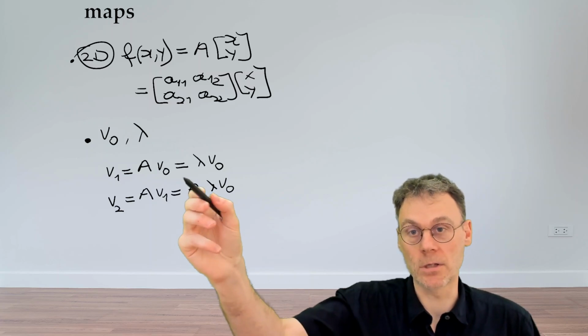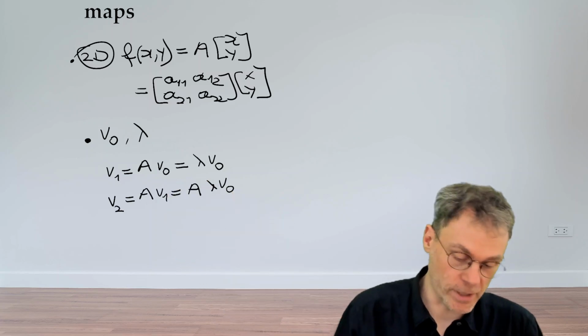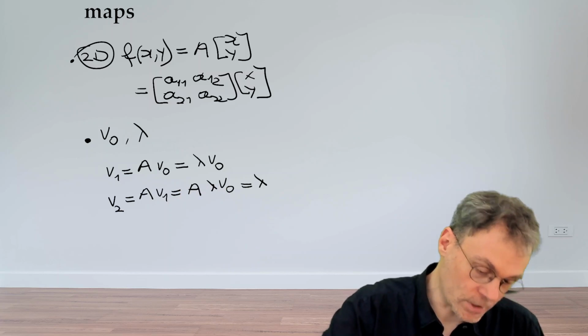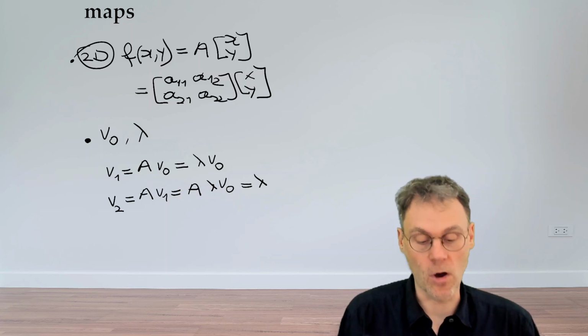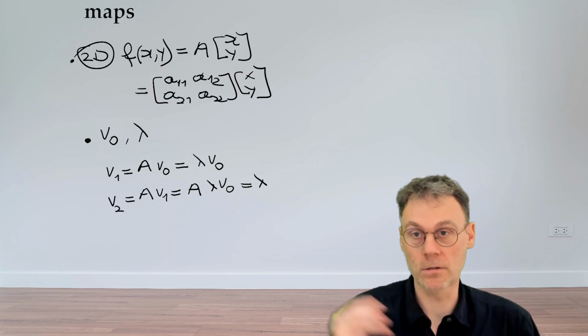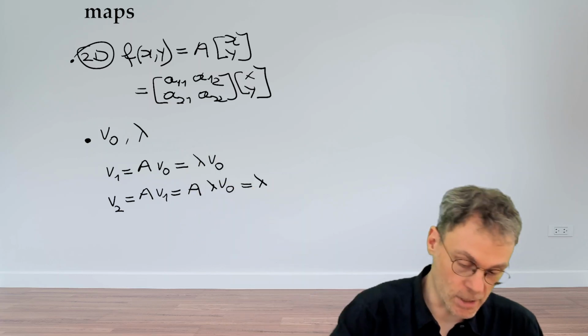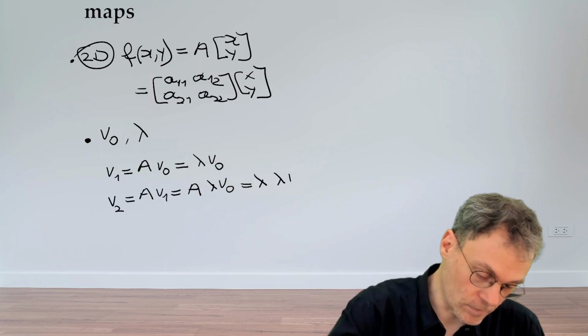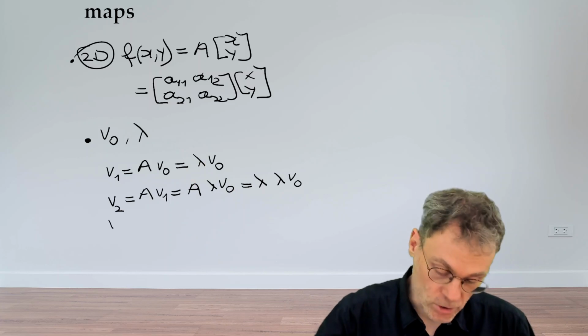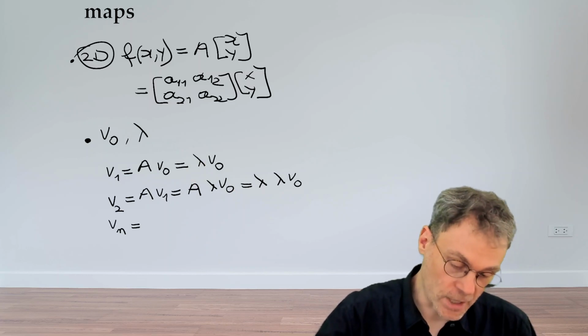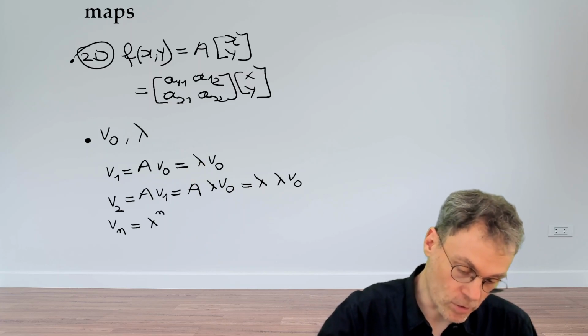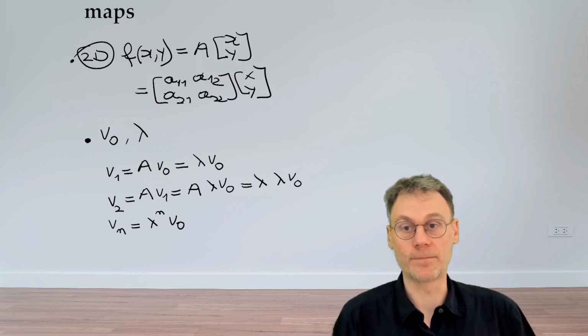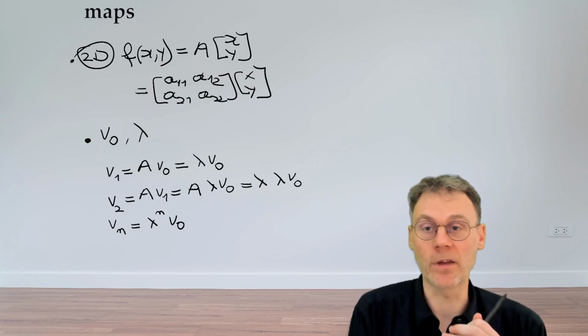So lambda is just a scalar that can move in front of the matrix. So we have lambda times A operating on v0, but we just calculated that over here. This is again lambda v0. So in general, you can write that vn will be lambda to the power of n v0. So this is a very specific case.